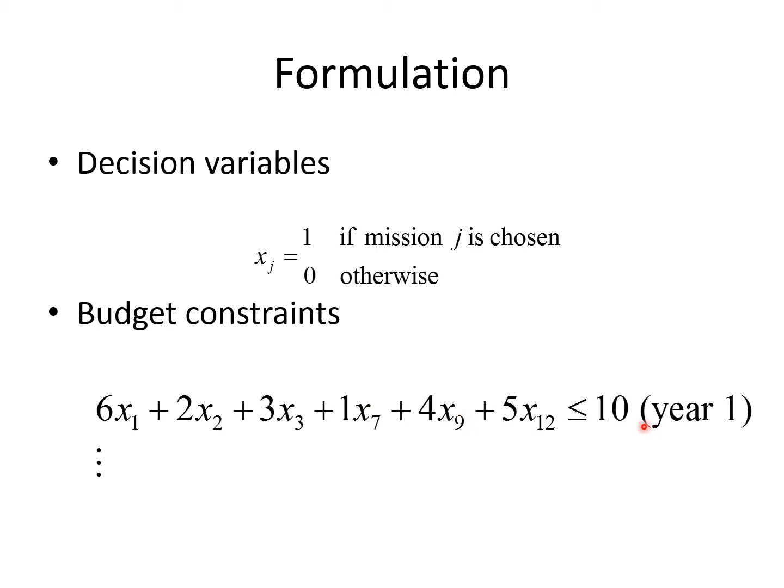All of these will add up to less than $10 million that is the available budget for period 1. So there's a bunch of these constraints, and these will take care of the 5 periods, actually not years. They should be period 1 through period 5 and not year 1 through year 5, because each period is multi-year, I think.